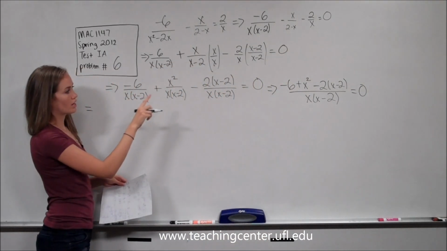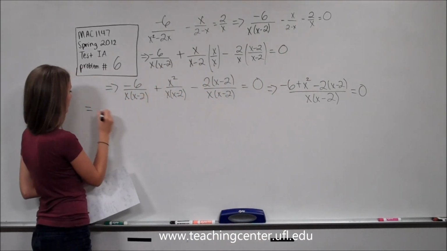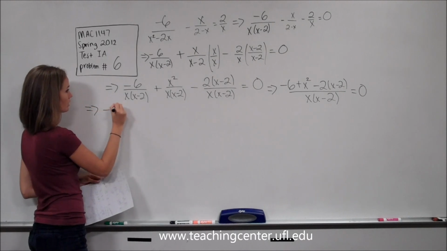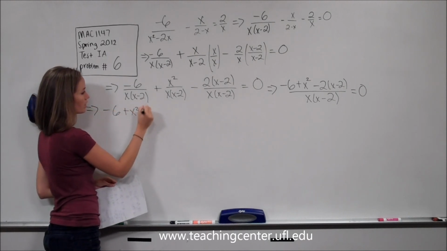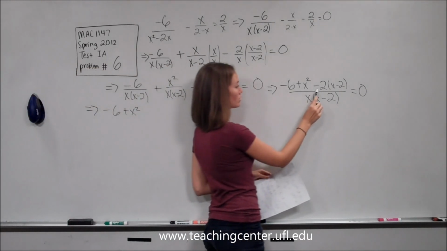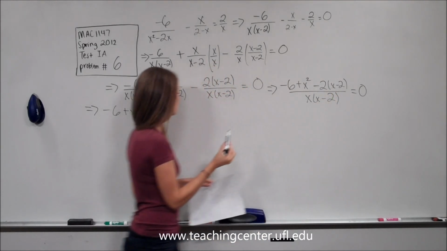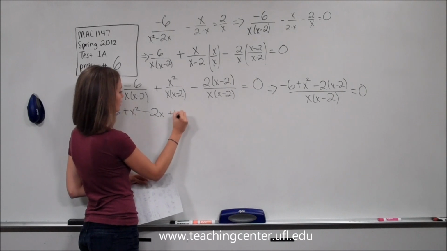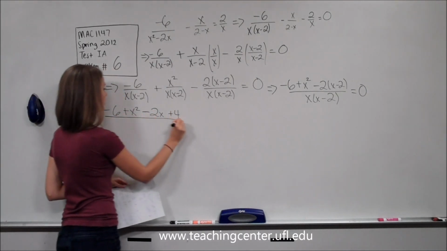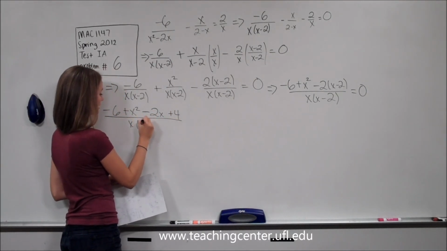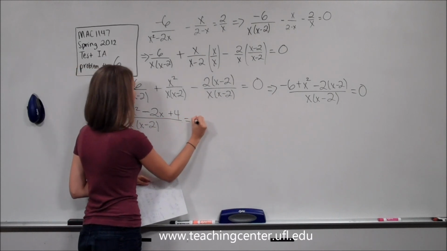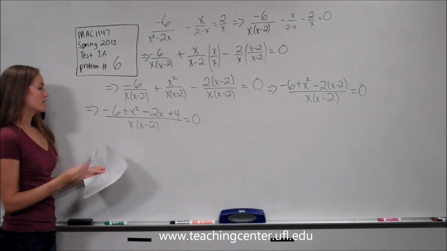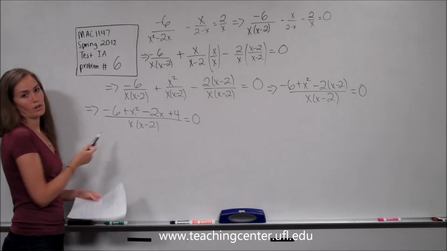And so now we're just going to simplify the numerator a little bit. So it turns into -6 plus x squared, and then we can just distribute this -2 into our parentheses. So it becomes minus 2x plus 4, all over our common denominator, which is x times x minus 2, equal to 0.